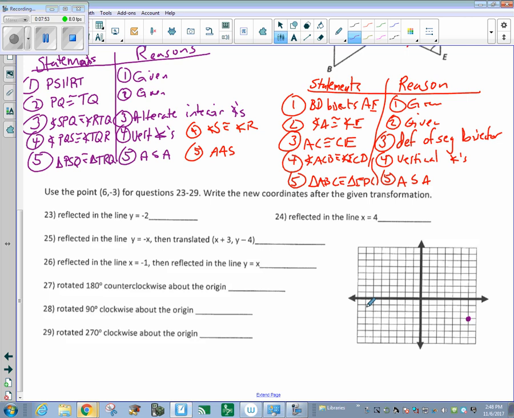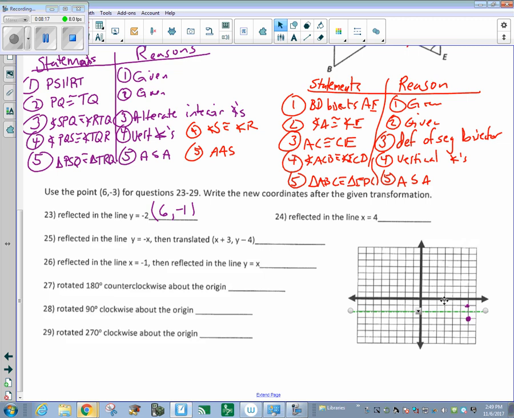So y equals -2 is a line, and I'll draw a green line for y equals -2. So if I reflect it across that line, where's it going to end up? Well, it's going to end up right there. So that point looks like it is at 6, -1.